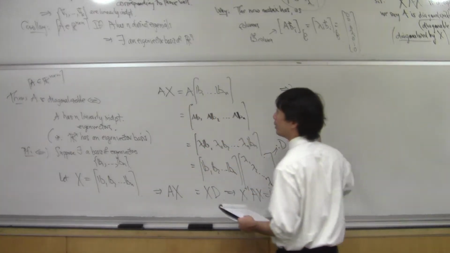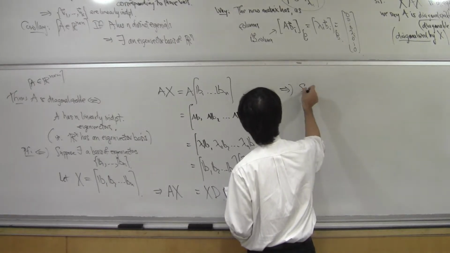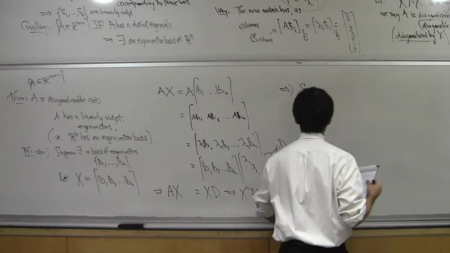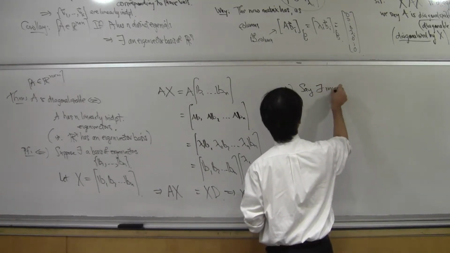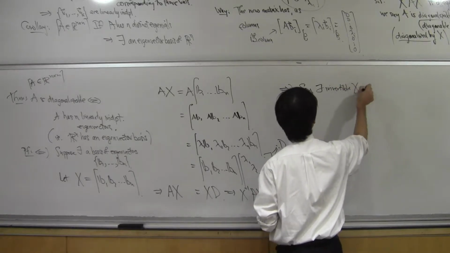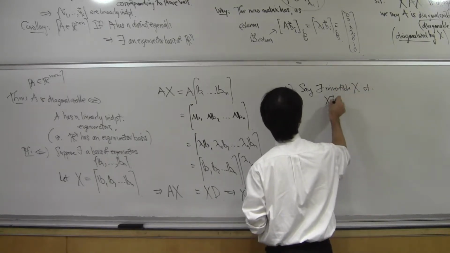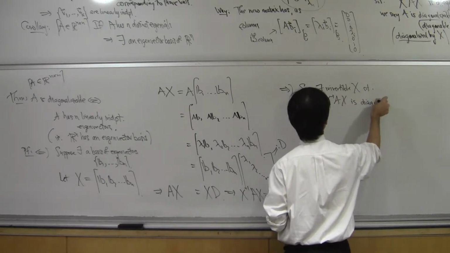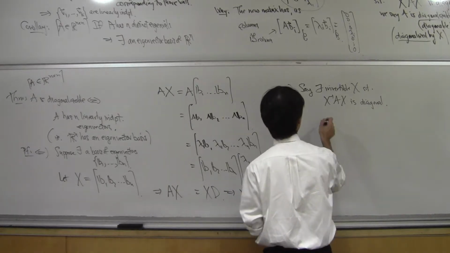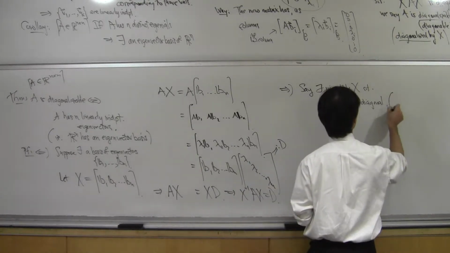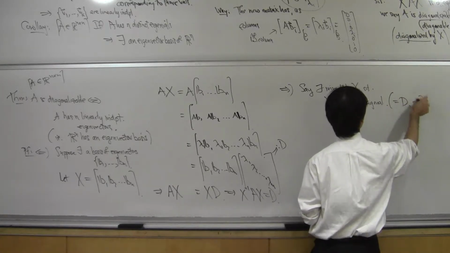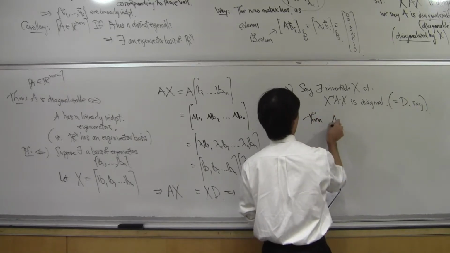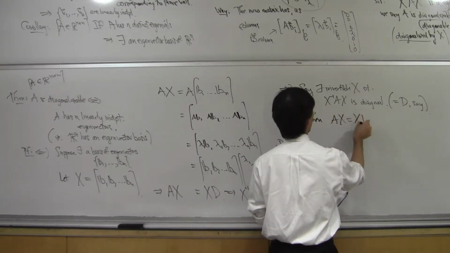Then the reverse direction: suppose there exists an invertible X such that X inverse AX is some diagonal matrix D. In that case, AX equals XD.